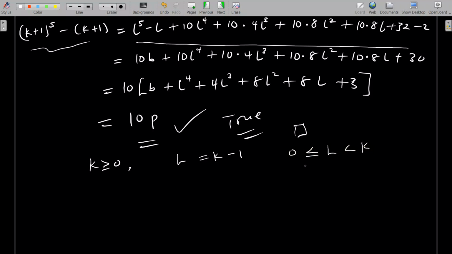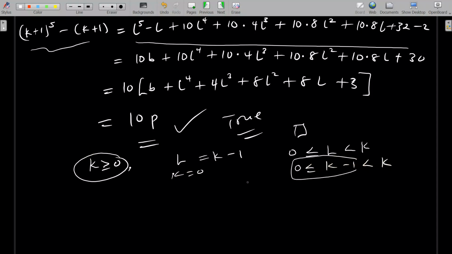So that is saying that 0 is less than or equal to k minus 1, less than k. But k is actually starting from 0 and above. So when k equals 0, what happened to this side of the inequality? We are supposed to get 0 less than or equal to k minus 1. Now when k is equal to 0, you have 0 minus 1, which is negative 1. And 0 is not less than or equal to negative 1. This is not true. So it means we should start our k from somewhere else.